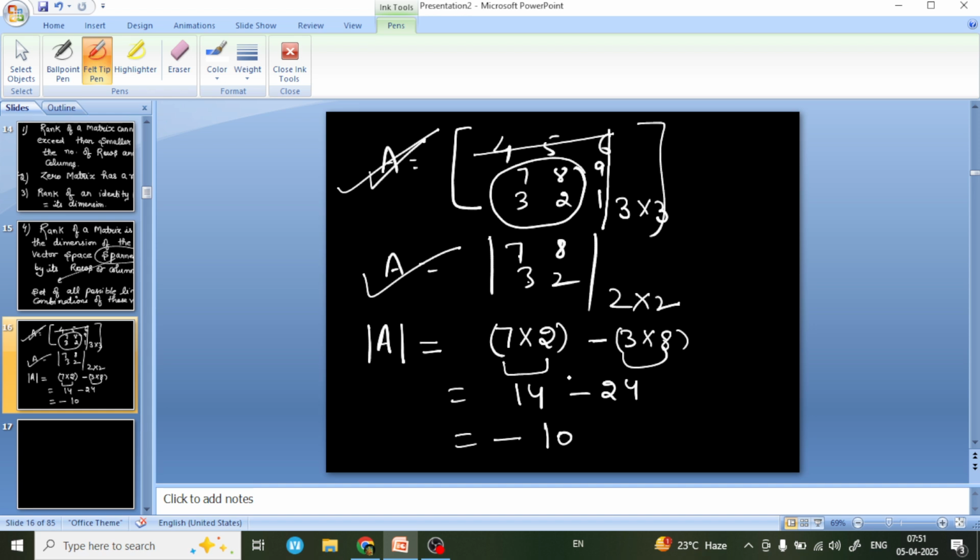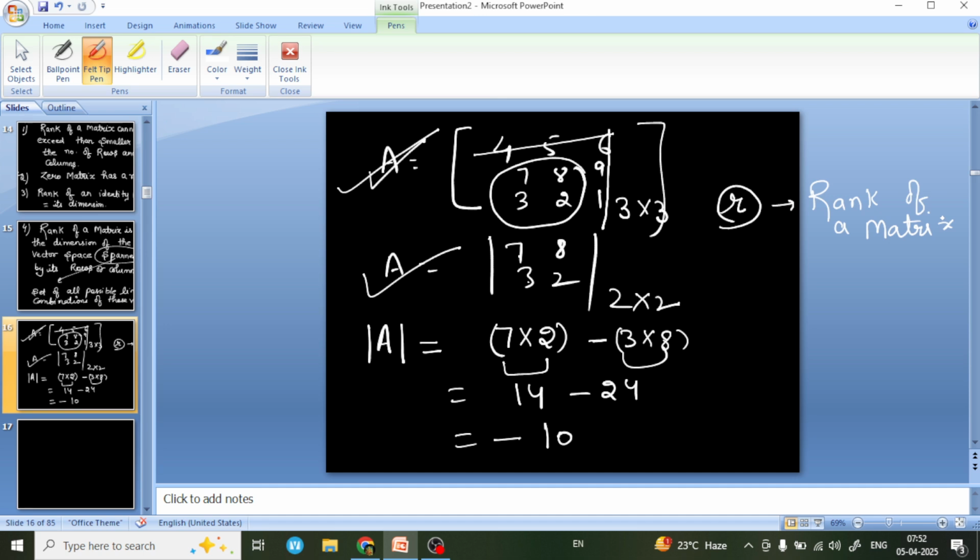What is the definition of rank of a matrix? A number R, this small r represents the rank of a matrix. A number R is said to be the rank of a non-zero matrix A.